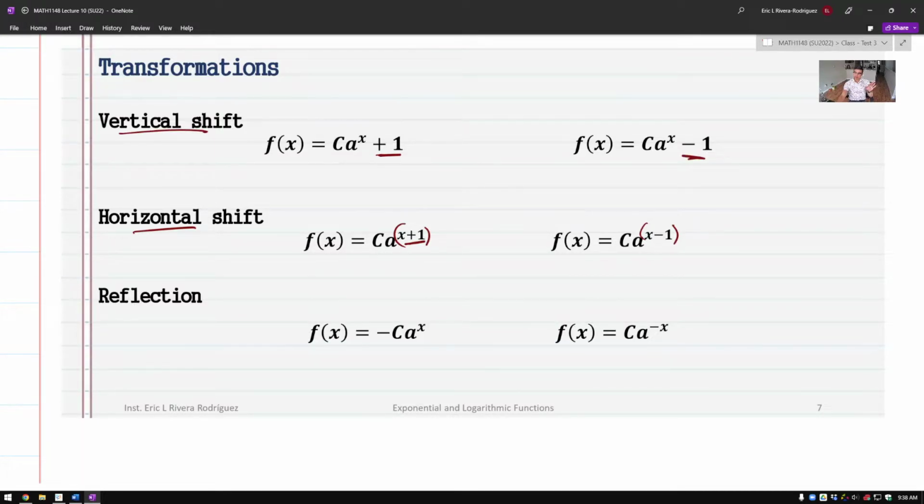Okay, so can you tell me the description of the transformation here? Let's start with this one. Can you describe the transformation here? It's a vertical shift, but are we going up or are we going down?